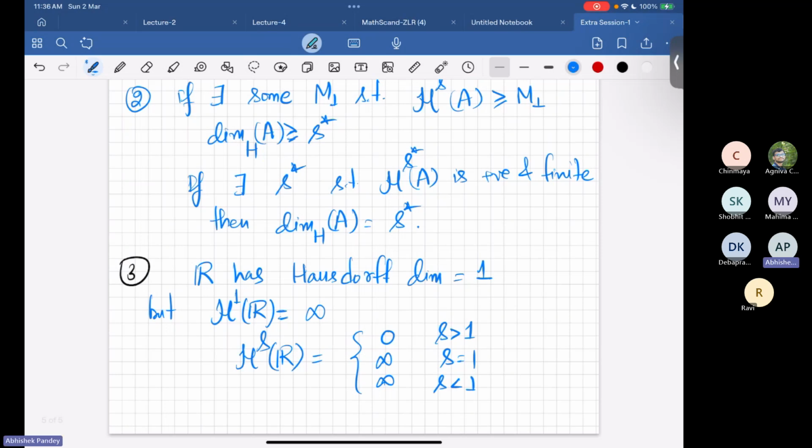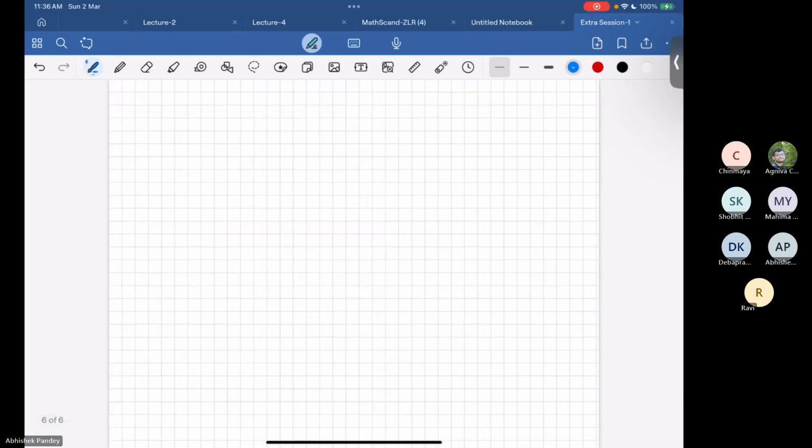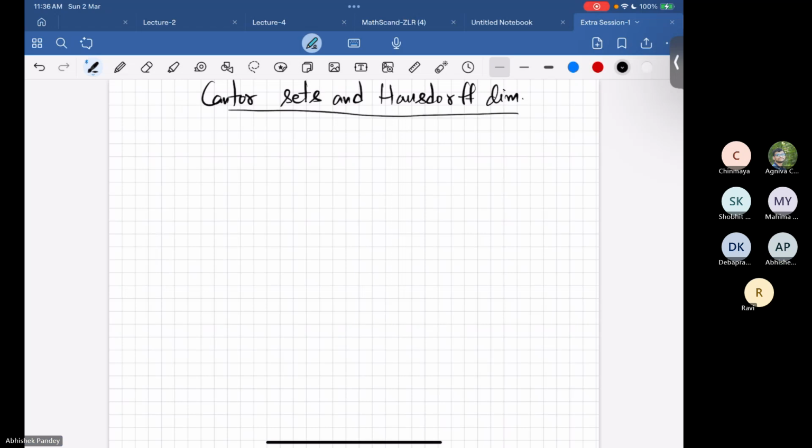We will talk about some more examples. So we'll talk about Cantor sets and their Hausdorff measure and dimension. I will start with that one.